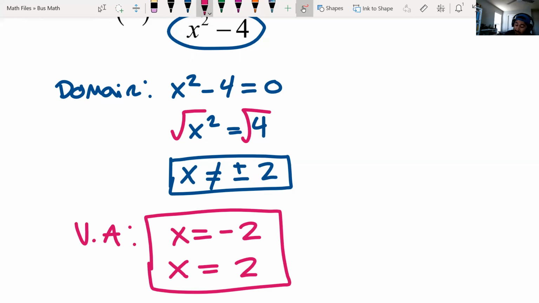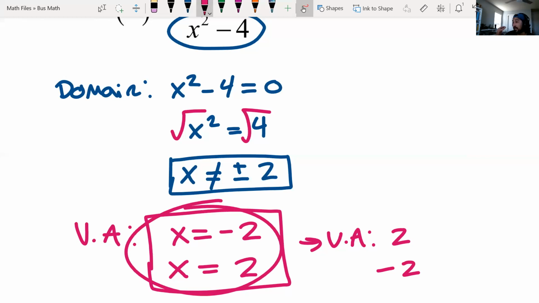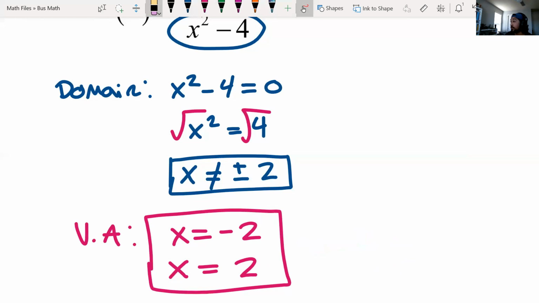Okay. Again, do not make the mistake of saying vertical asymptotes are 2 and -2. These are just numbers. X equals is a line. Do not make that mistake. It will count it wrong on my math lab.